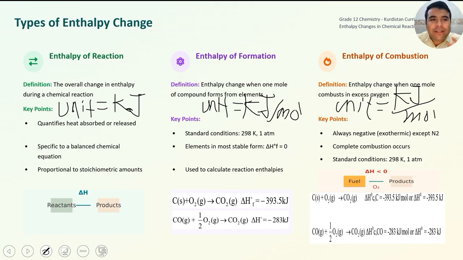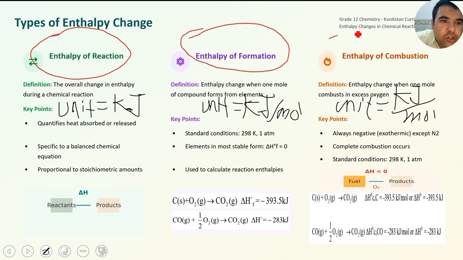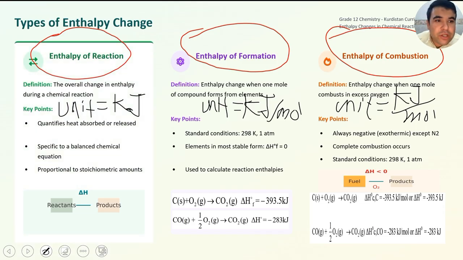Here we have the types of enthalpy. There are 3 types of enthalpy: enthalpy of reaction, formation, and combustion, guys. Let us talk about the enthalpy of reaction first, and then we'll talk about formation and combustion as well. The enthalpy of reaction is the overall change in the enthalpy during a chemical reaction.